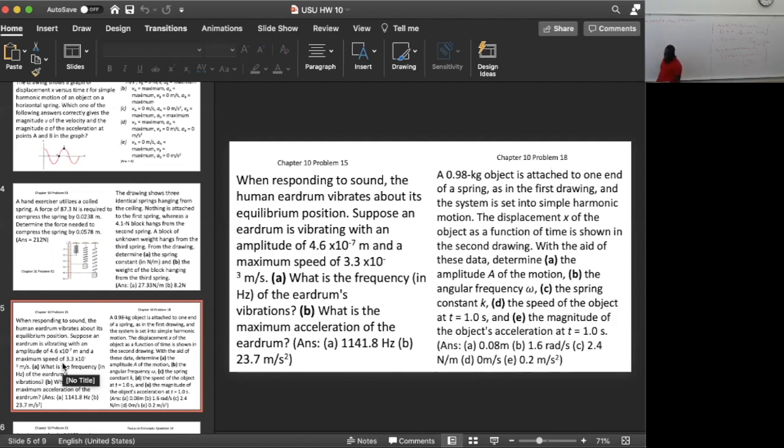What is the frequency in hertz of the eardrum's vibration? So we're looking for the frequency F, and we're also asked to find the maximum acceleration, A max. Okay.